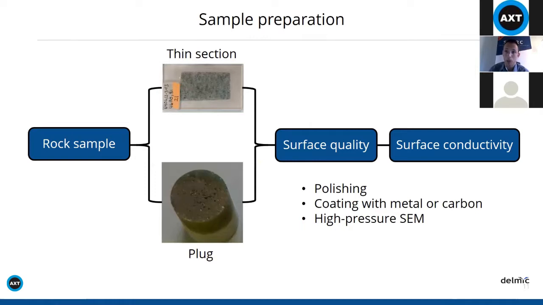In SEMs, you also require a certain degree of conductivity, and some rocks are not really conductive. In that case, you need to coat them with a little bit of carbon or metal. And there you have to take care that the carbon or metal layers are not too thick, because then you block all the light. So there's a trade-off in the thickness.